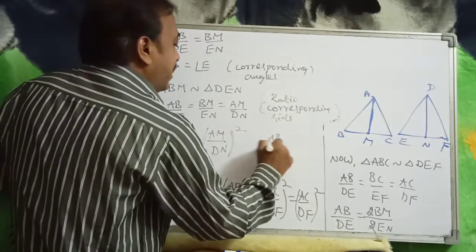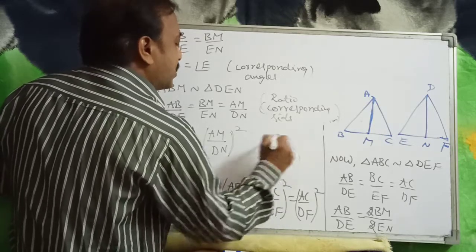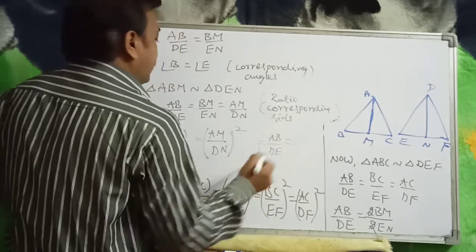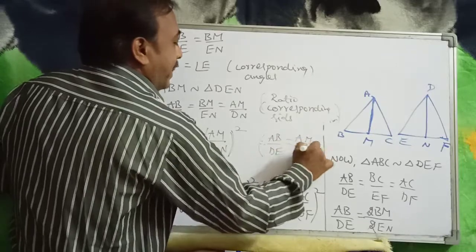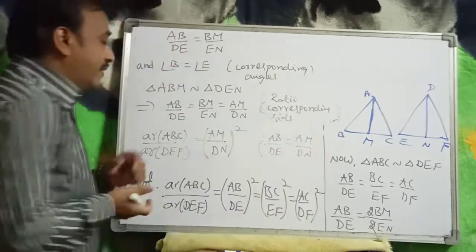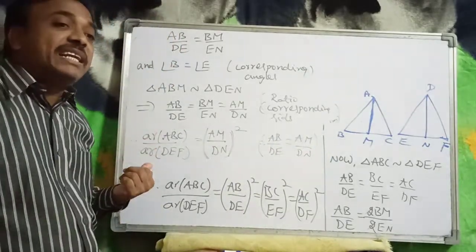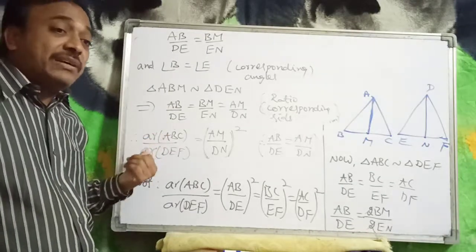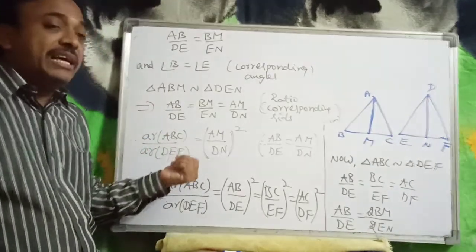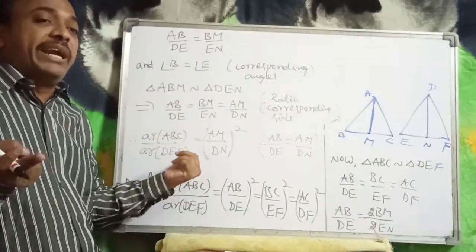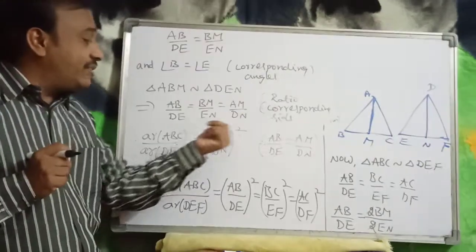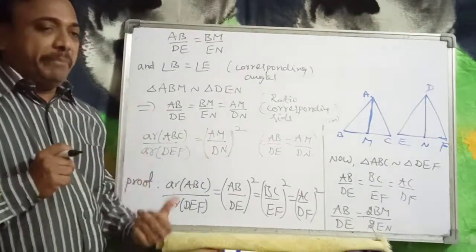Reason: AB by DE is equal to AM by DN. So therefore the ratio of areas of two similar triangles is equal to the square of the ratio of their corresponding medians.